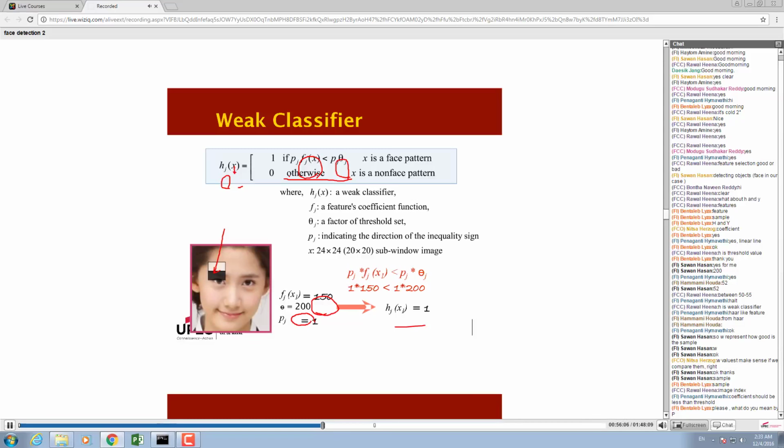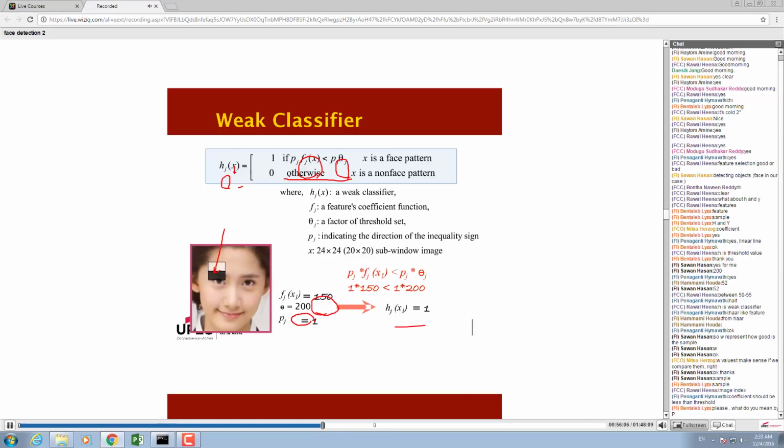The feature value Fj is a value, like 150. Sometimes it can be less than the threshold theta, and sometimes it can be larger than the threshold theta. To be a face, it should be less than the threshold, according to the weak classifier.